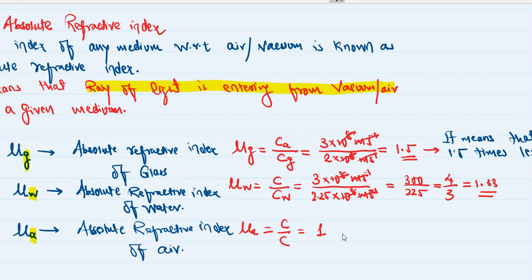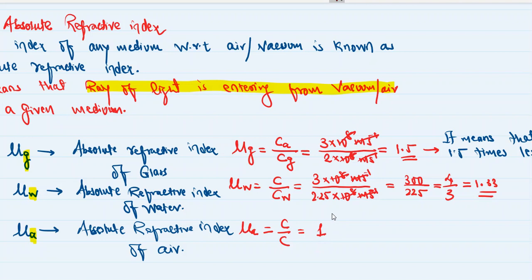That means that the speed of light does not change when the light is traveling from air to air, right? So the lowest refractive index is of air. Then all the other mediums come.